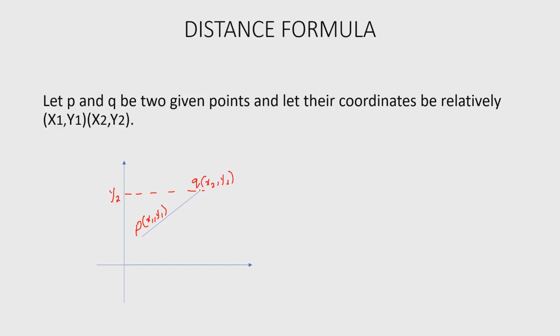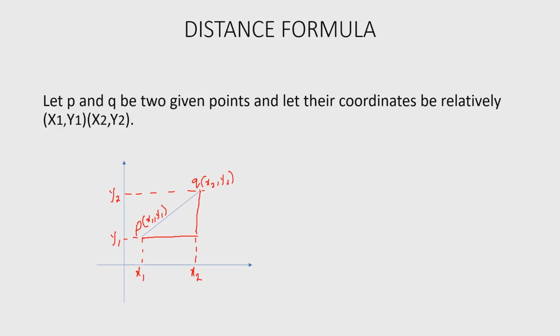If you have to get the point Q here, for you to get the point here has to be y2. Then if you trace it down, let me trace it down like this. Here is going to be your x2. Now for this P, here also you trace this one to this side, here will be your x1, and when you trace it like this, here will be your y1.